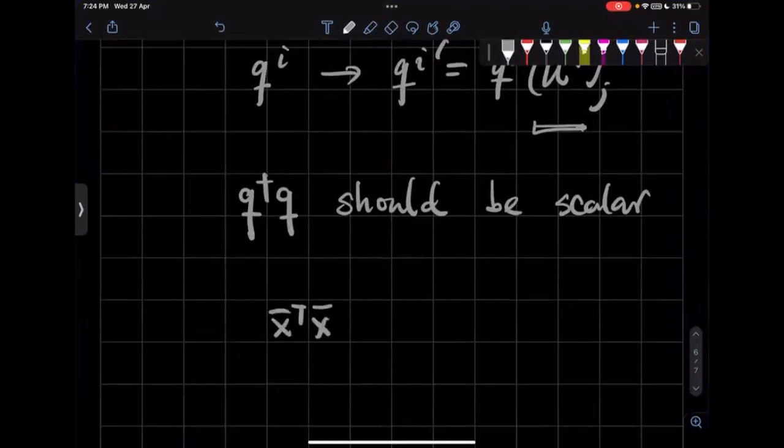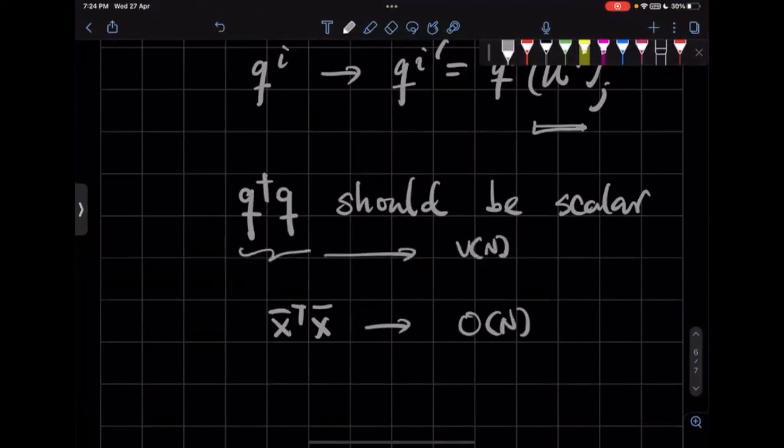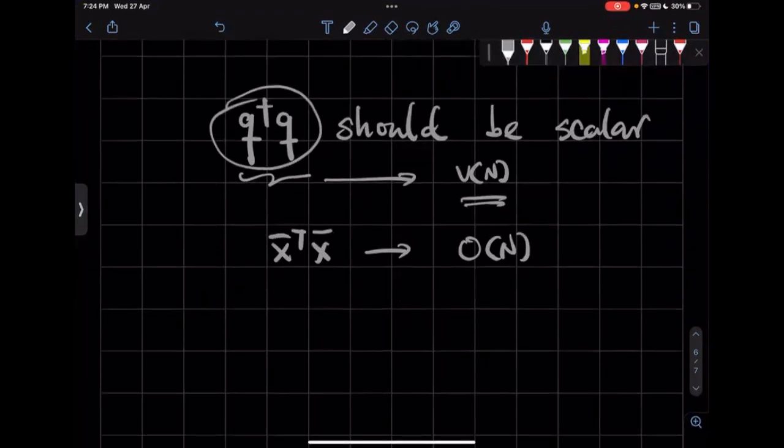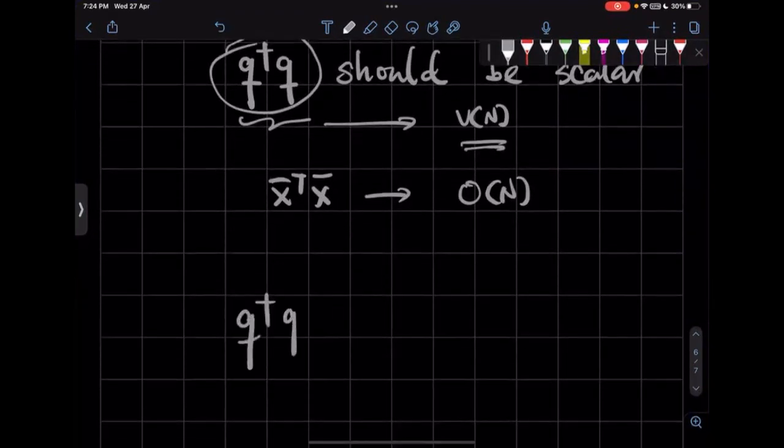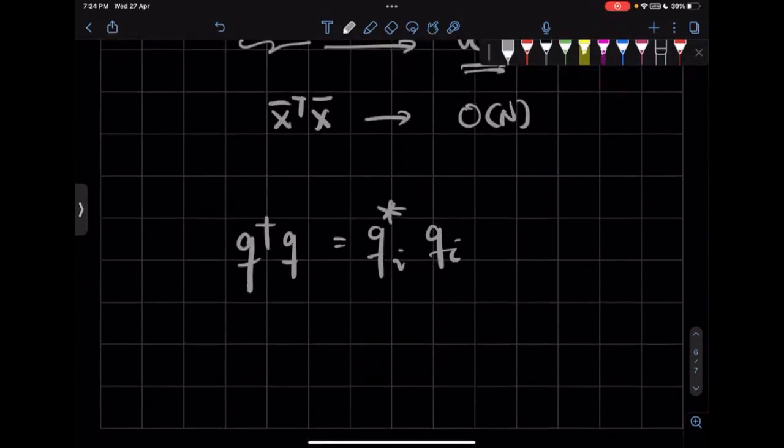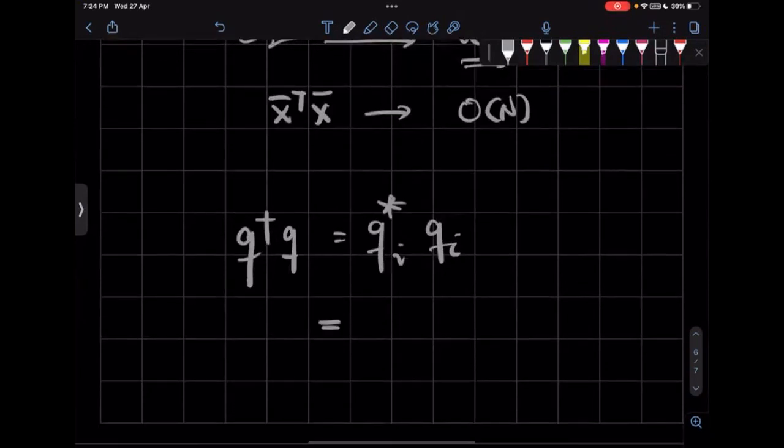So that led to the orthogonal group ON, whereas this led to the UN group. So SUN is just a subgroup. So this should be invariant. Let's see if this is the case. So what is Q dagger Q? Well, it's just QI star QI. There's a sum over the repeated index. But we have defined QI star to be QI upstairs, and this is QI downstairs.